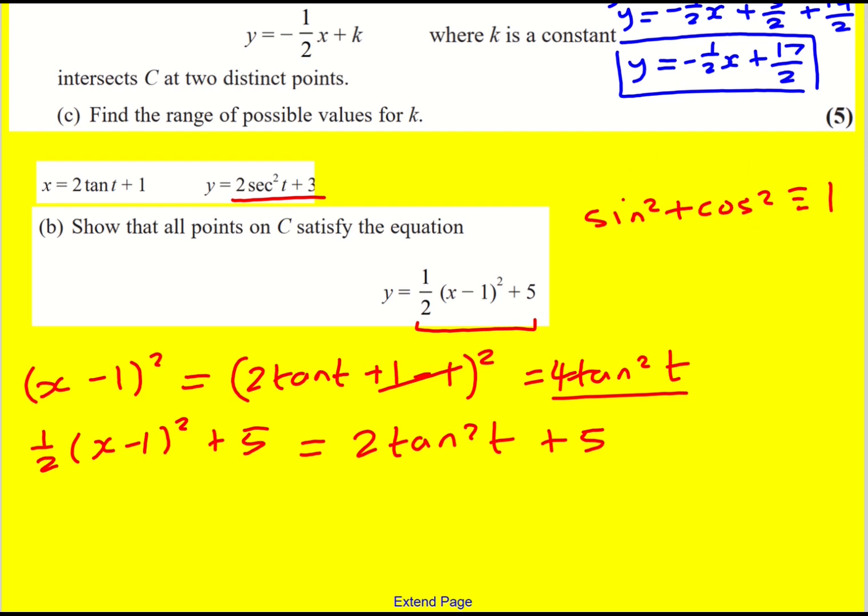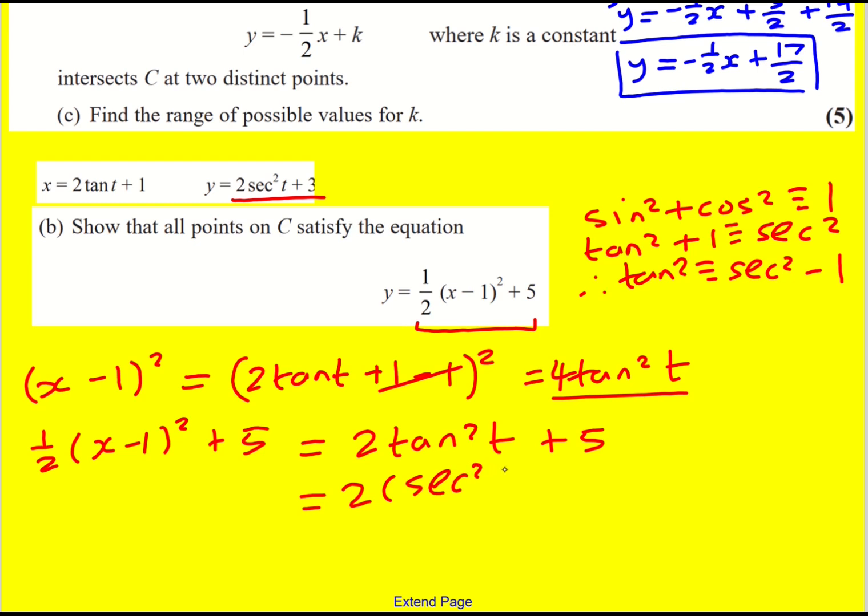Divide through by cos squared gives me tan squared plus 1 is sec squared, and therefore tan squared is sec squared minus 1. So 2 sec squared t minus 1, plus 5. That gives me 2 sec squared t minus 2 plus 5, which is 3, and that's equal to y.